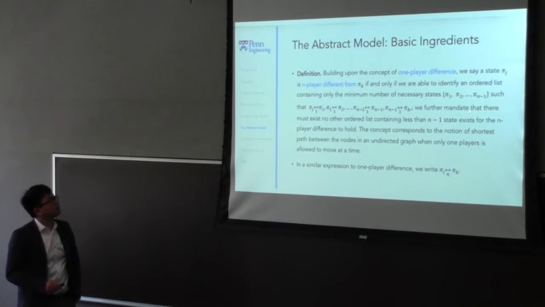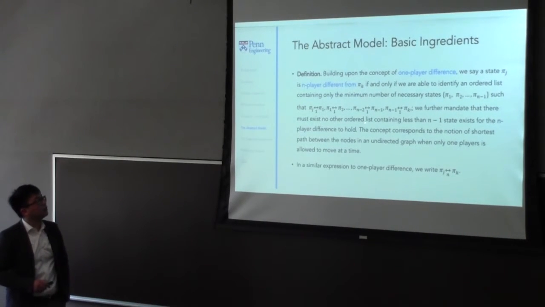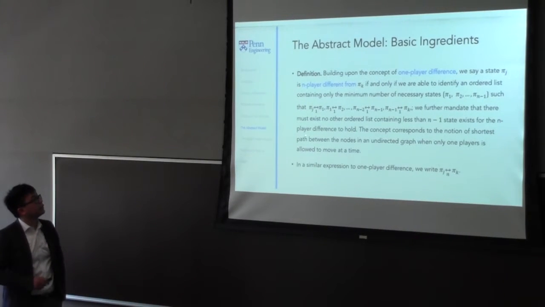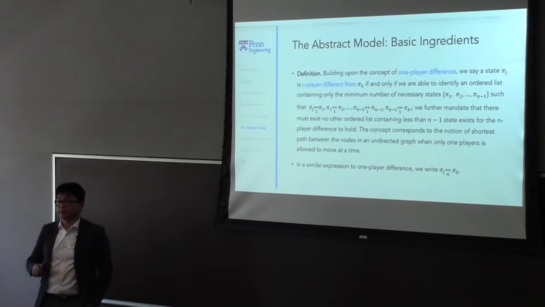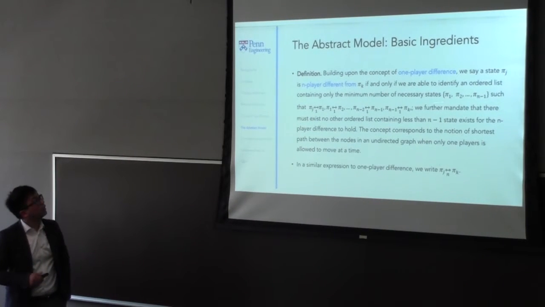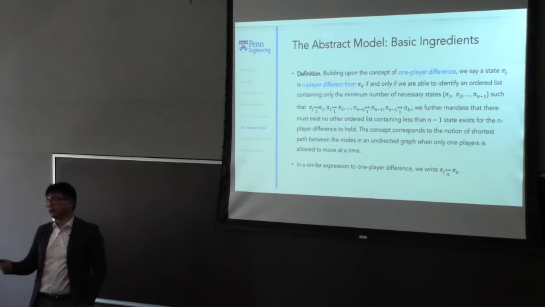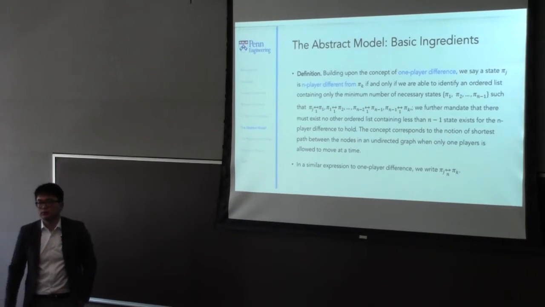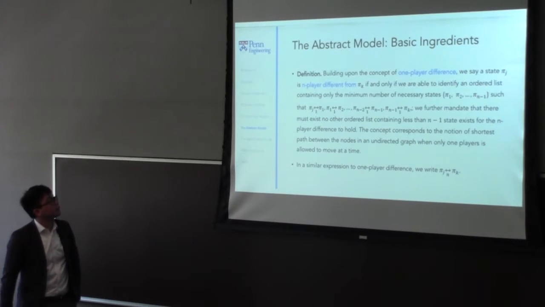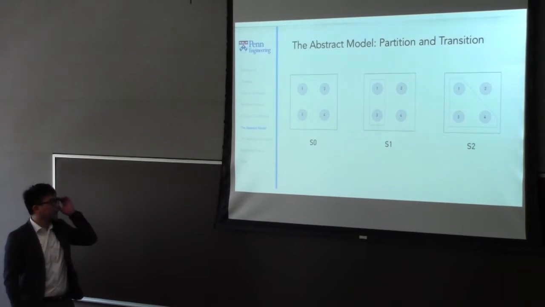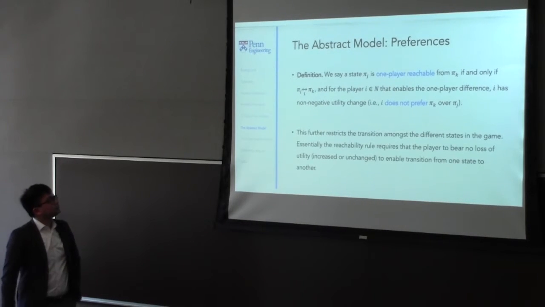And we further mandate that there must exist no other ordered list containing fewer than n minus 1 states, so you would say n player difference because you cannot find a shorter sorted list of states to go from j to k. Just think about it as a graph, and that's the shortest path. With a similar expression, we write that pi j and pi k are n player different. I think we already talked about this here.